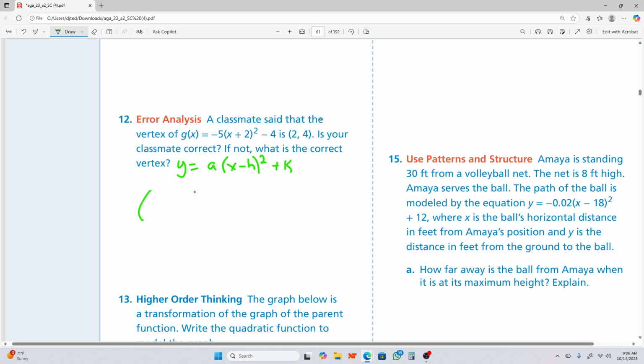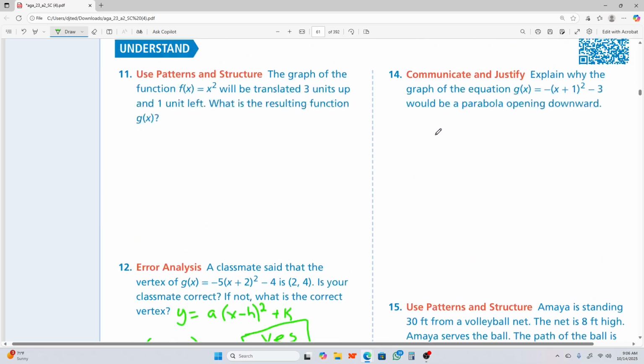Did they get the vertex correct or no? And if they got it wrong, what is the correct vertex for number 12? They got it wrong. Fix it.